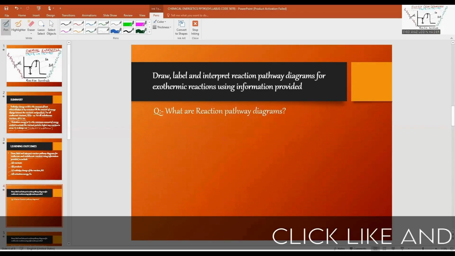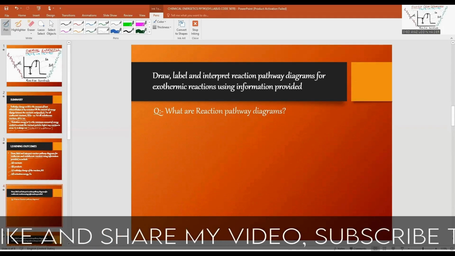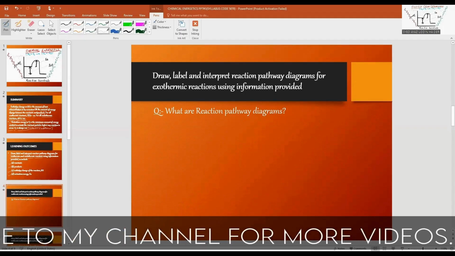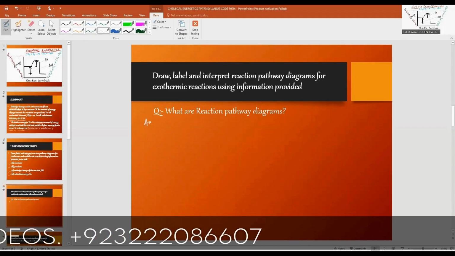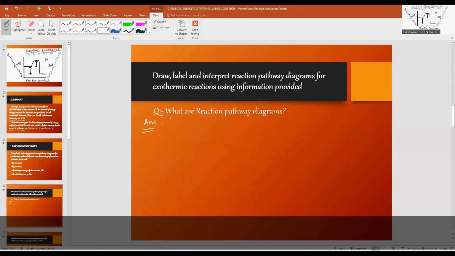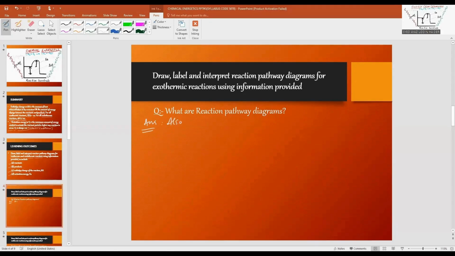Let's talk about reaction pathway diagrams. It's also known as energy profile diagrams.